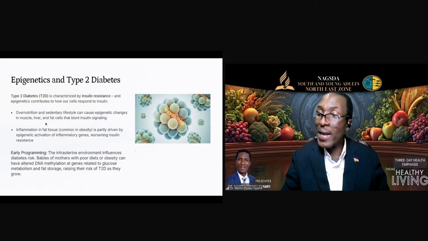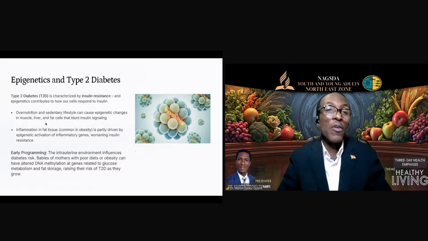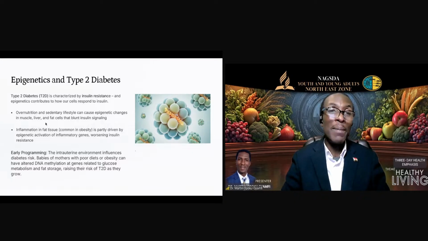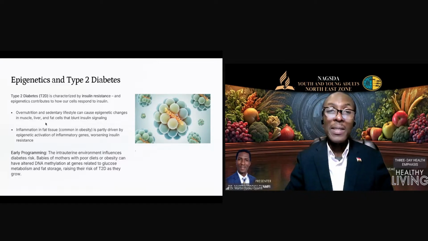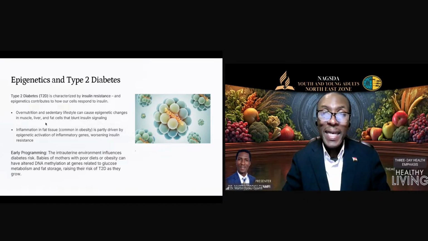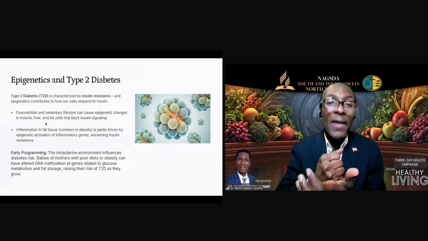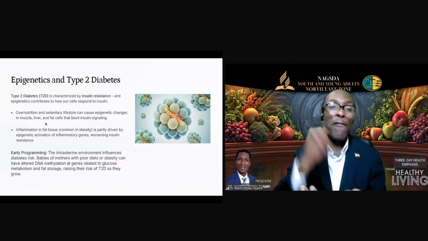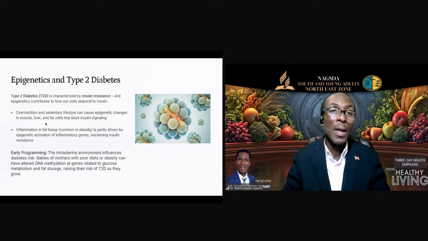We are running out of time, so I'll rush from here on. Epigenetics and type 2 diabetes, same thing. Epigenetics is responsible for insulin resistance, and for how our cells respond to insulin. So epigenetic tags on our pancreas and on our cells affect how we respond to insulin.